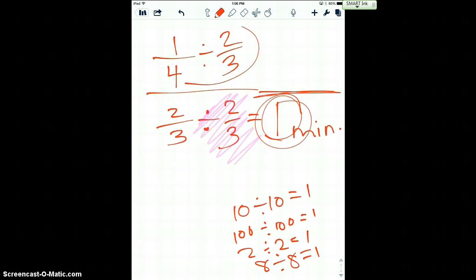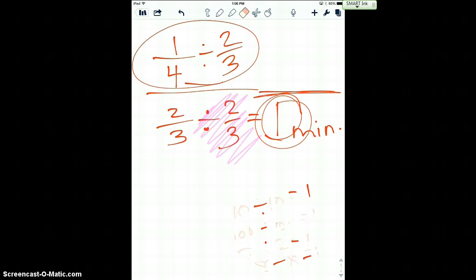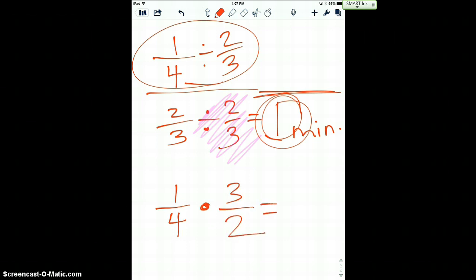And then the numerator, how do I divide those fractions? Well, I have to go back to what we did earlier in the year. And since I'm dividing with fractions, I'm going to keep, change, flip. Flip out because I got it right. Multiply across, and I'm at 3/8.